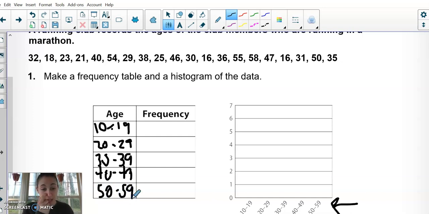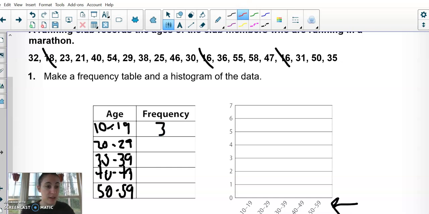Then where it says frequency, you are just going to put the number of values in your data set that falls within that range. So you can either use tally marks or just use the number. So 10 to 19, I'm just going to cross them out as I count them. We have 1, 2, 3. So 3 numbers in between there.